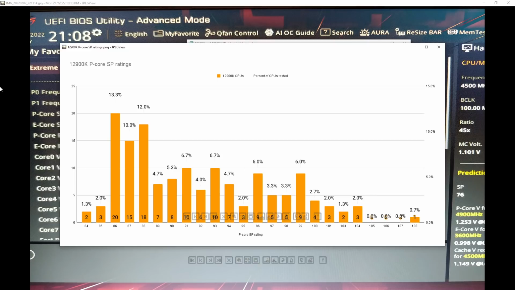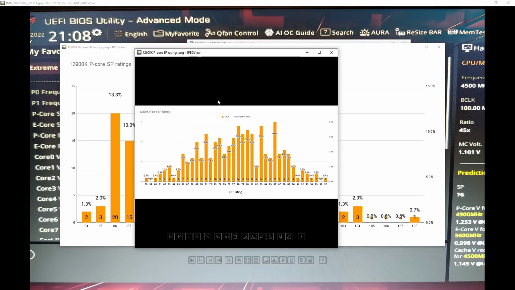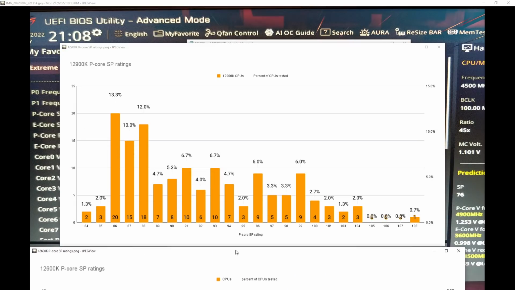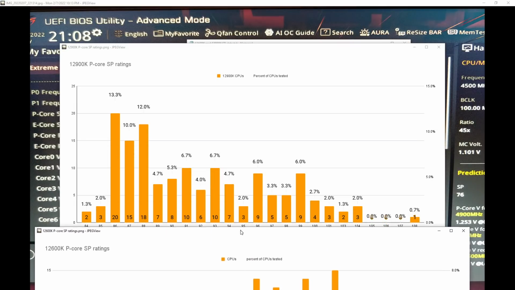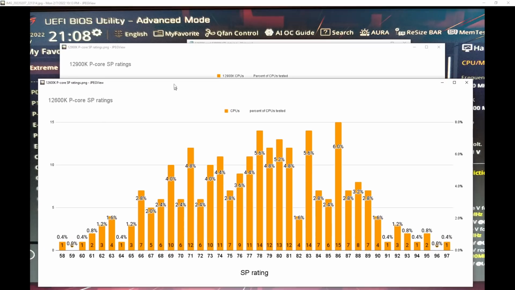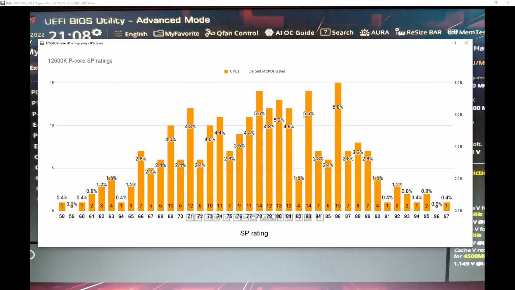Anyway, let's move on to the 12600K graph, which looks like this, and is much less lopsided, which makes sense because it's much less difficult for the 12600K to meet the spec, right? So 12900Ks are relatively consistent compared to 12600Ks, but a lot of 12900Ks aren't that great. On the other hand, a lot of 12600Ks still aren't great either.